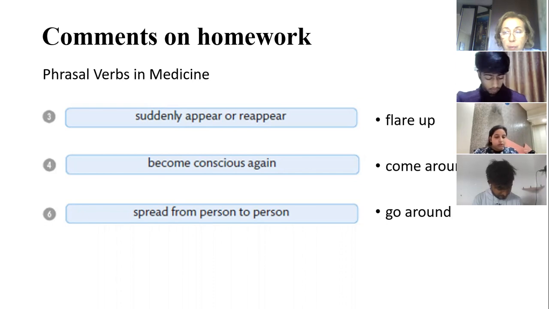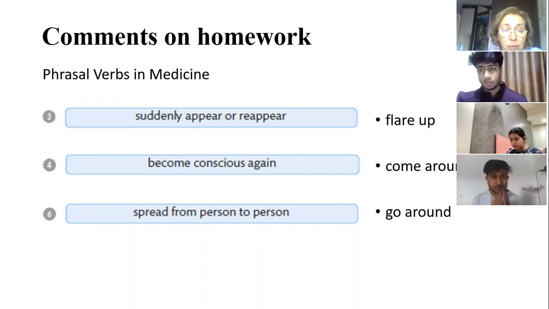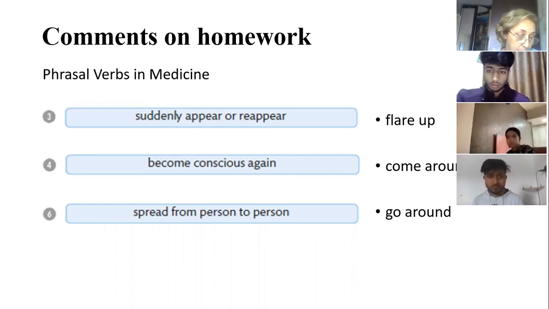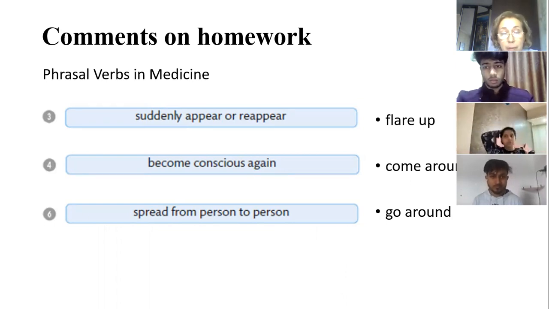So as you remember, you were given the task to do some exercises with phrasal verbs, and one of them was to match some phrasal verbs with their meanings, and there were some mistakes in this task. So the typical mistakes are shown here. There are 3 phrasal verbs: flare up, come around, and go around.